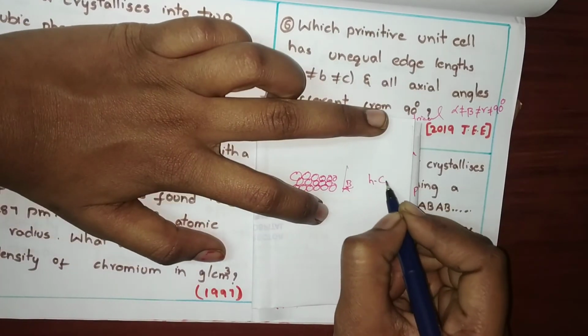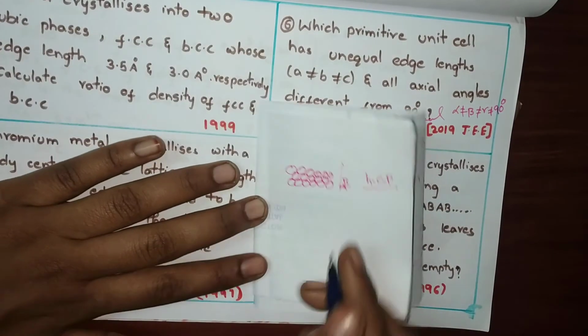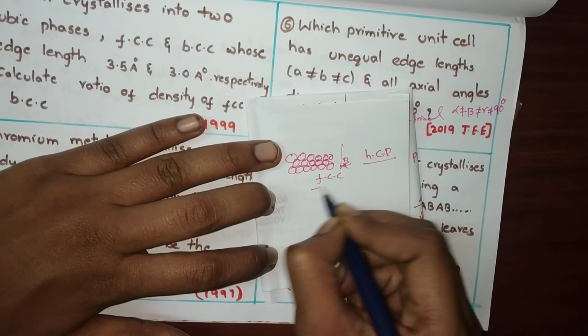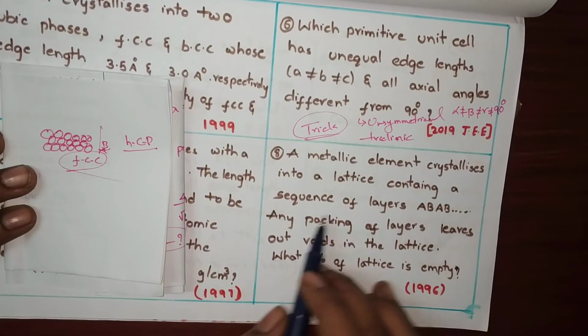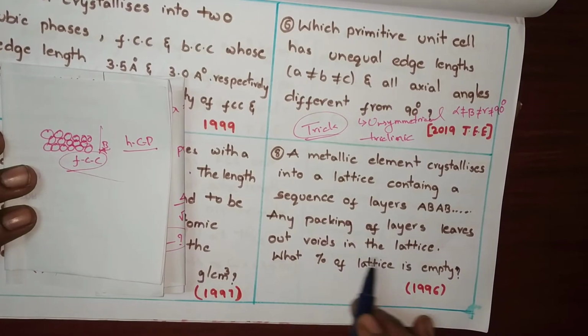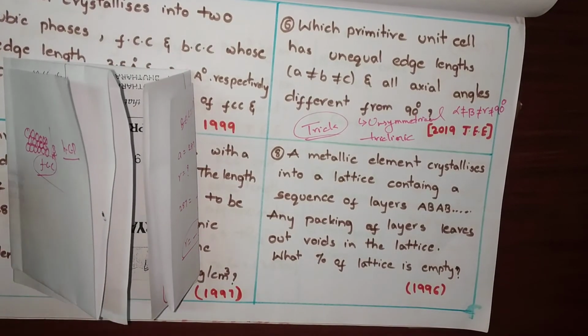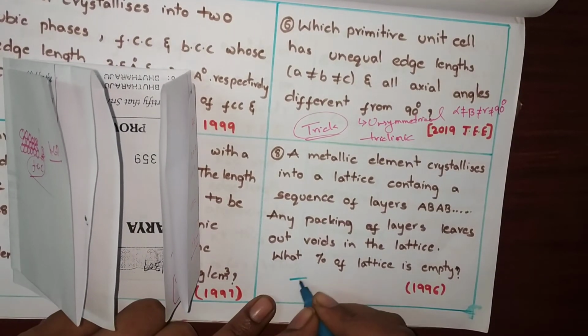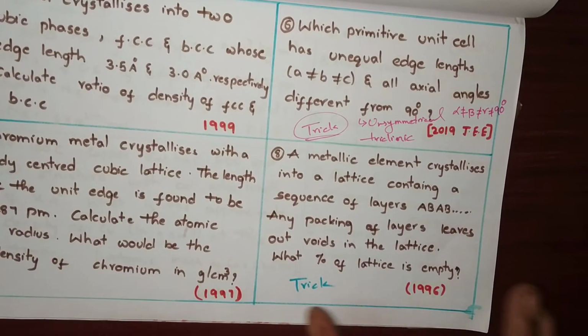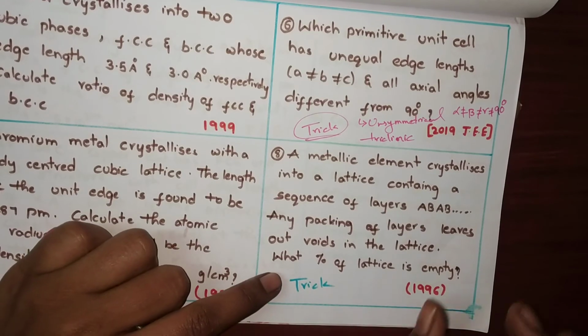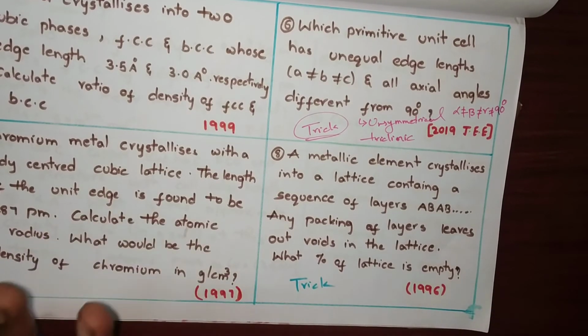It is hexagonal close packing, which comes under FCC. Any packing of layers leaves out void. Here I will tell a small trick. We have to get the empty space in the atom.